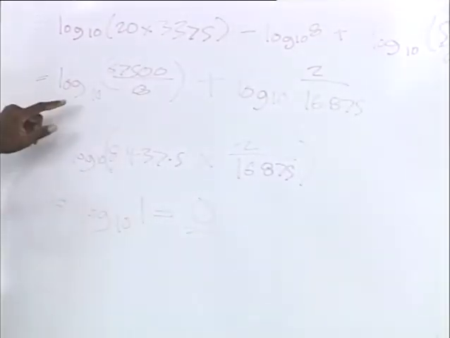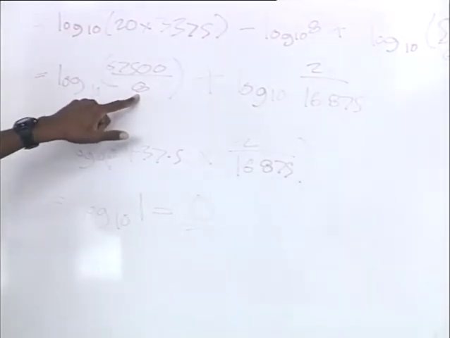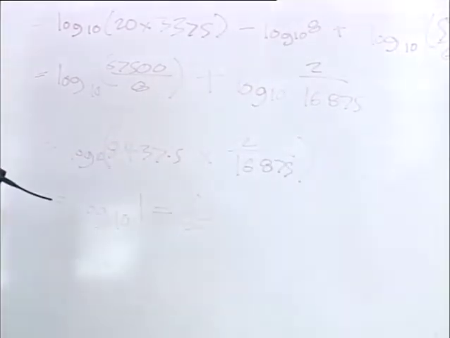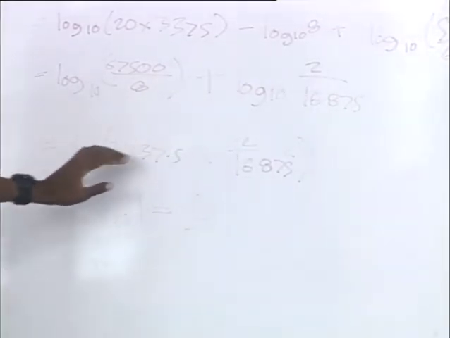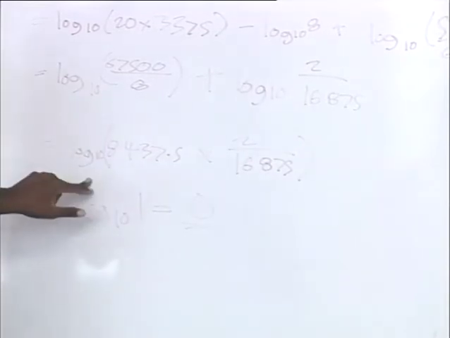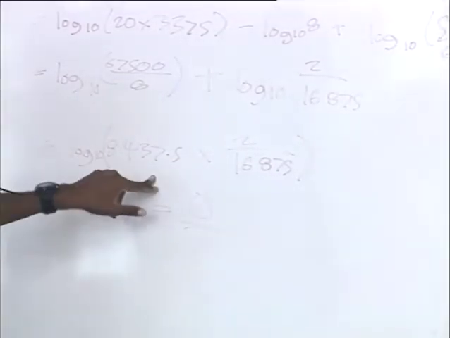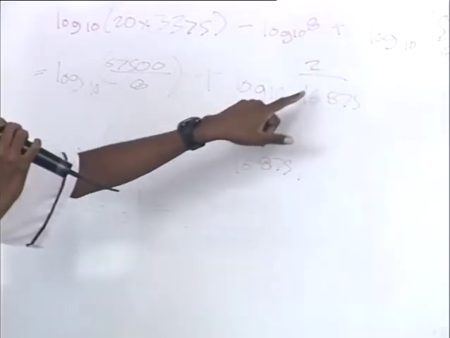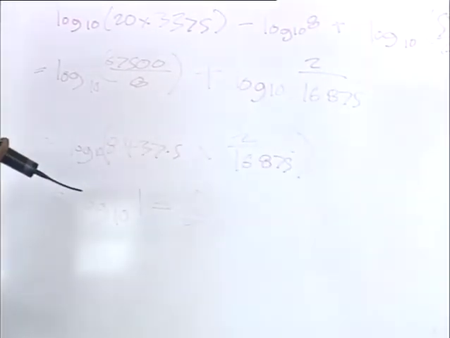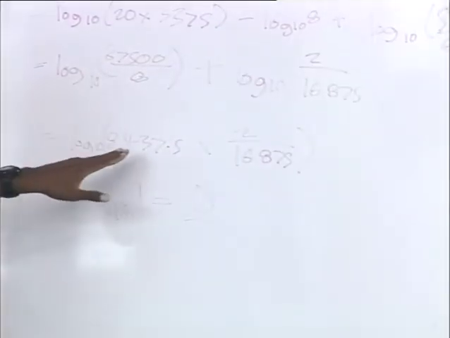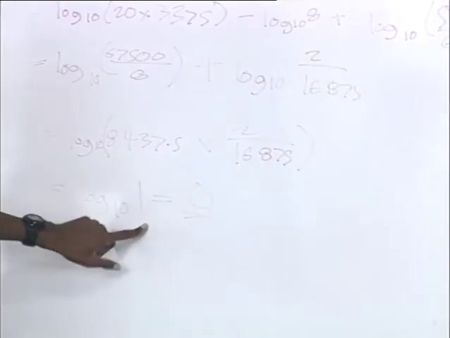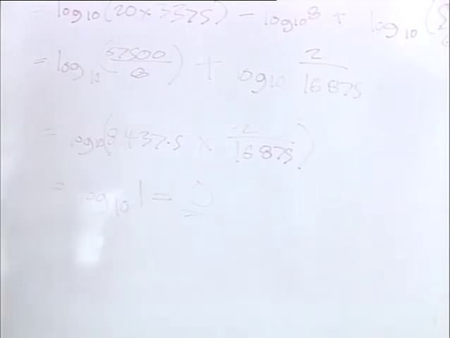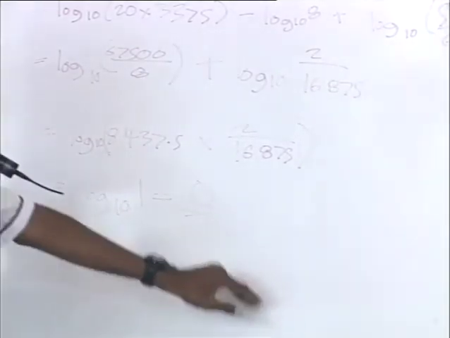So I came up with log 67,500 over 8 to the base 10 plus log 2 over 16,875 to the base 10 is equal to log 8,437.5 multiplied by 2 over 16,875. I multiplied these two and I got 1 as the answer. So log 1 to the base 10, I used rule number 4, is always equal to 0.